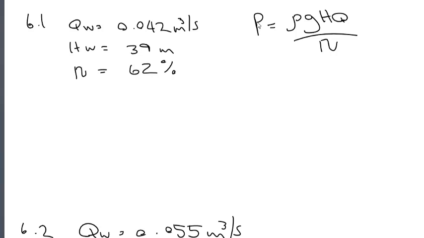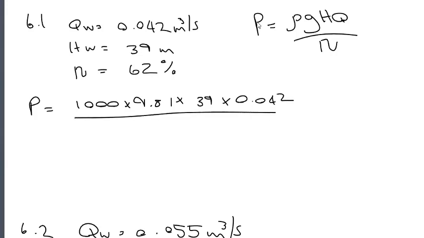Okay, so let's do the first one. The power will be equal to a density of 1000 for the water, times 9.81, times a head value of 39, times a discharge of 0.042, divided by our efficiency of 0.62, and that will give us the power.